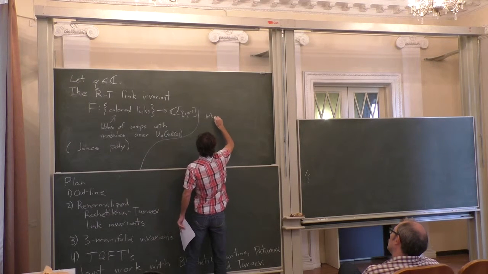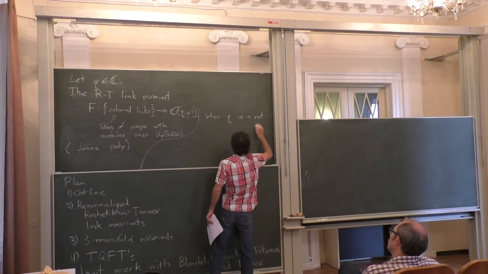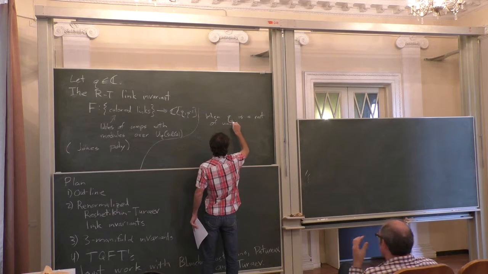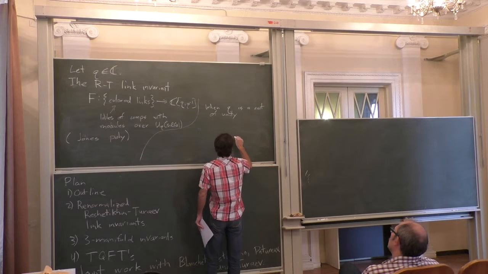So when Q is a root of unity, we have modular categories.